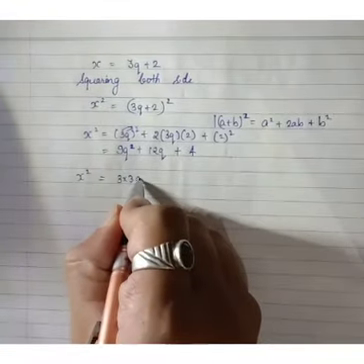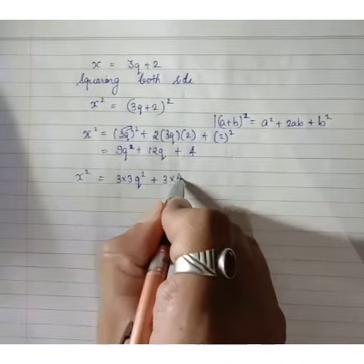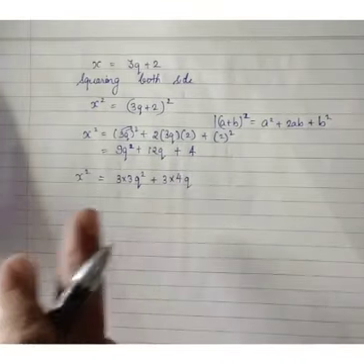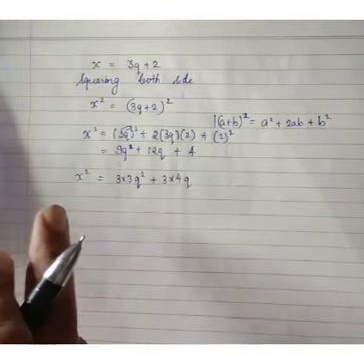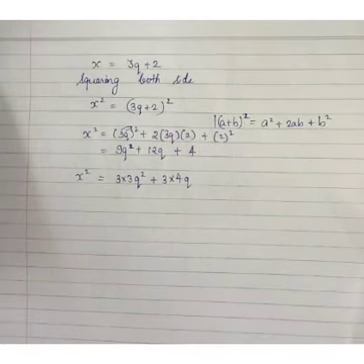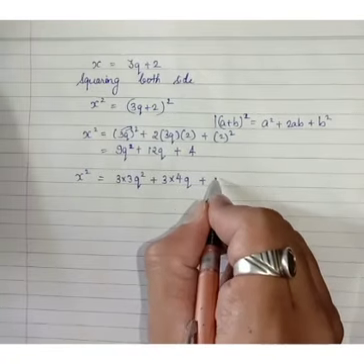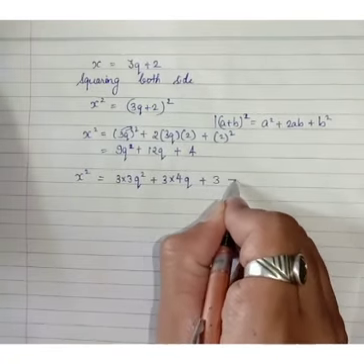Q square I am keeping as it is. This 12 can be written as 3 multiplied by 4, q as it is. I told you the divisor is 3, that is why I will try to take out the common 3 from this, right? And plus 4 can be written as 3 plus 1.